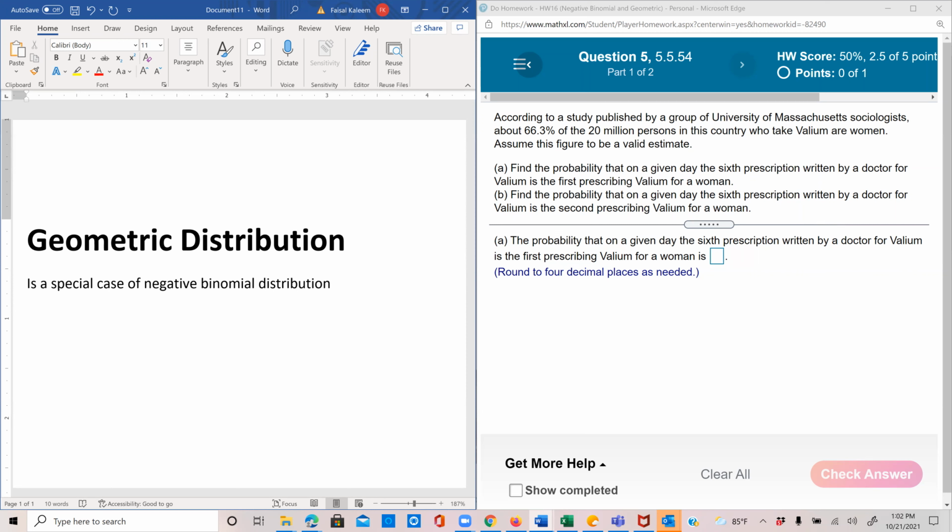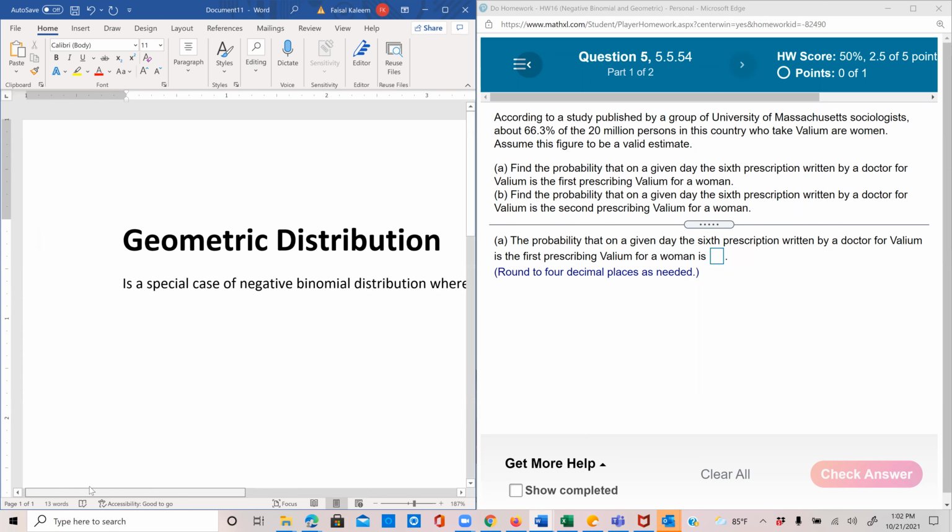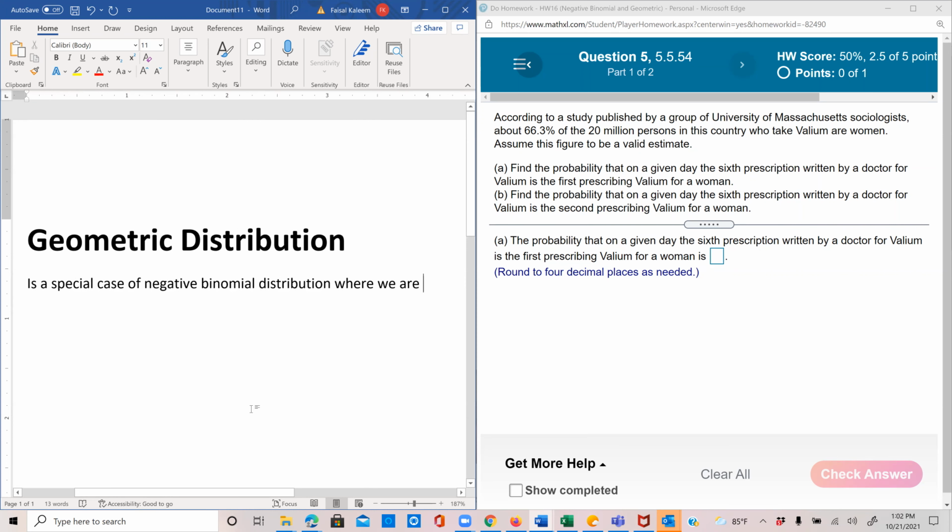It's a special case of negative binomial distribution where we are interested in the number of trials to get k successes, to get 1 success.